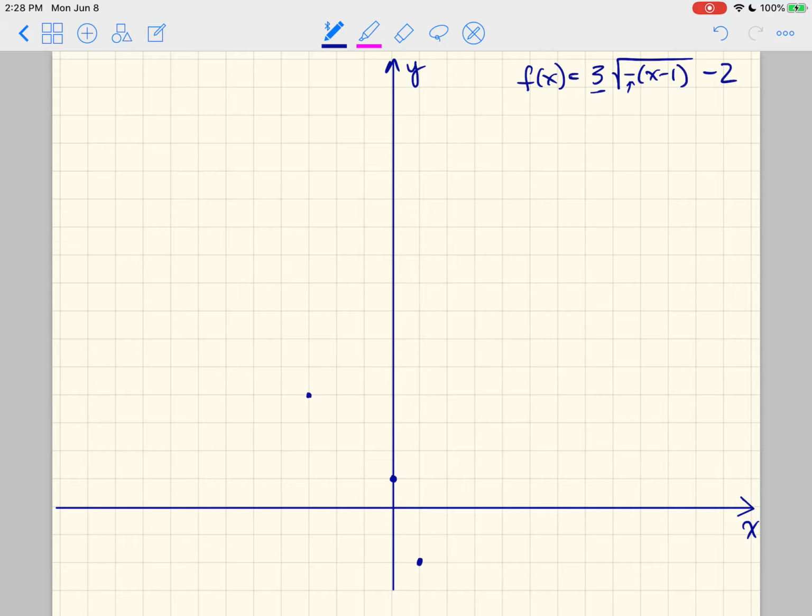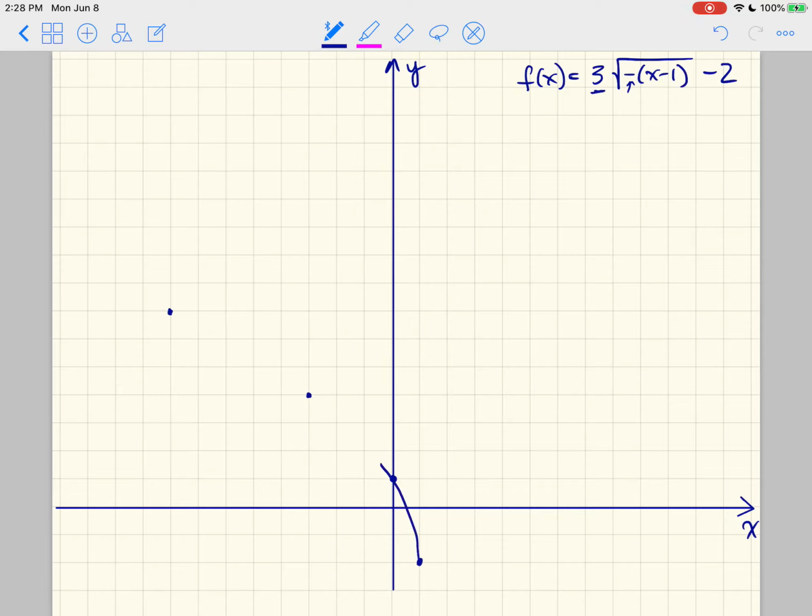Because normally I would go right 1, 3, 5, 7, 9. But all those right movements are left. The vertical movements are multiplied by 3, so that's why I keep going up 3. So I'm going to go up 3 to the left, 1, 2, 3, 4, 5. Up 3 to the left, 1, 2, 3, 4, 5, 6, 7.